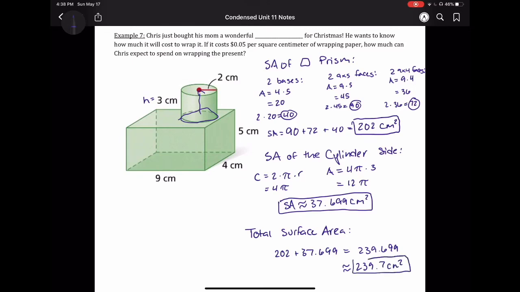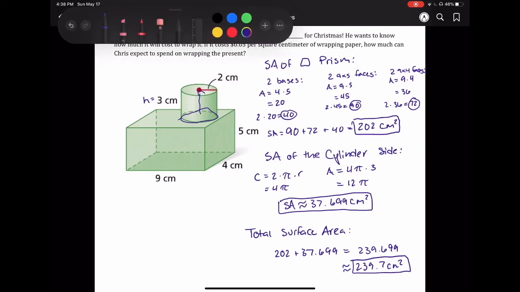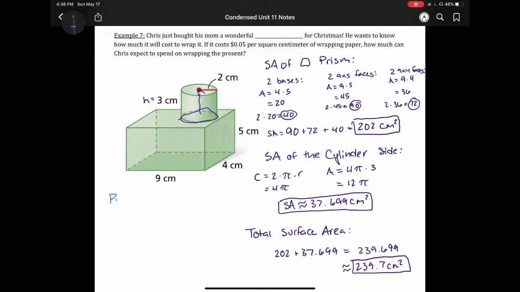All right. Now that I have my total surface area, I'm going to take that and figure out how much the wrapping paper would cost. So the price it gave me was 5 cents per square centimeter. So I have to multiply the cost times the surface area, and that's going to give me an estimated price for the wrapping paper.